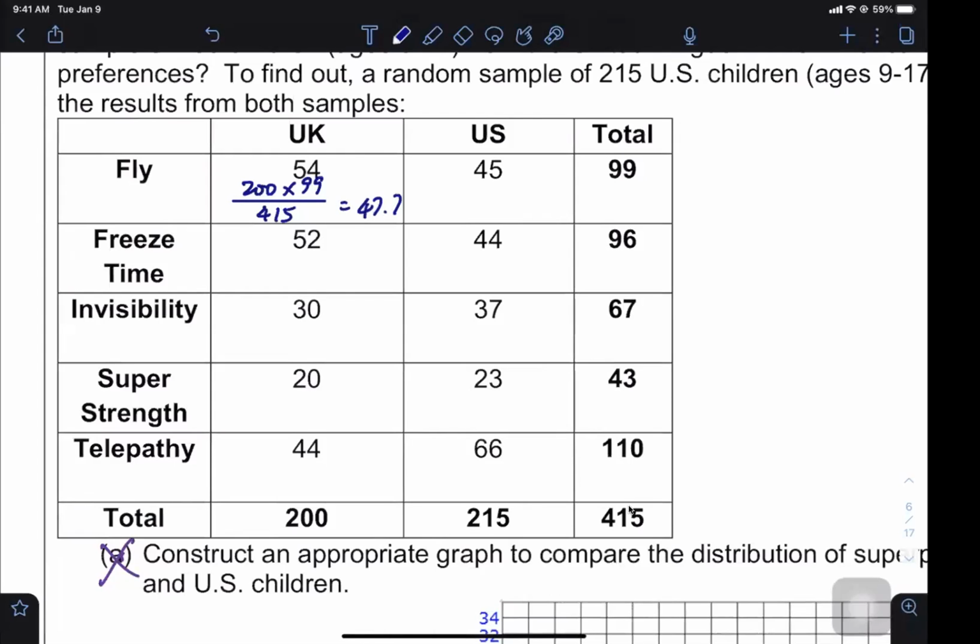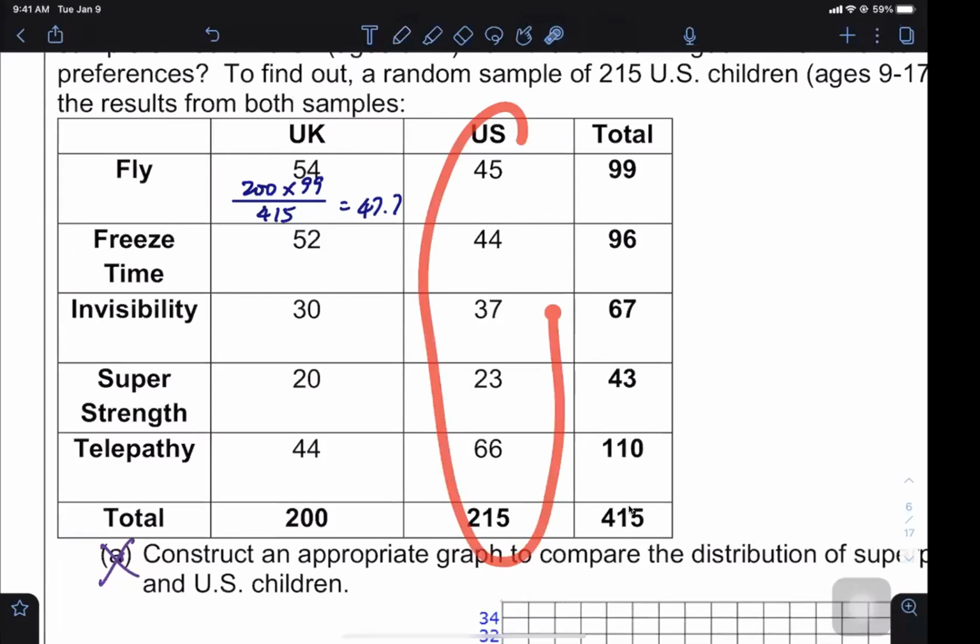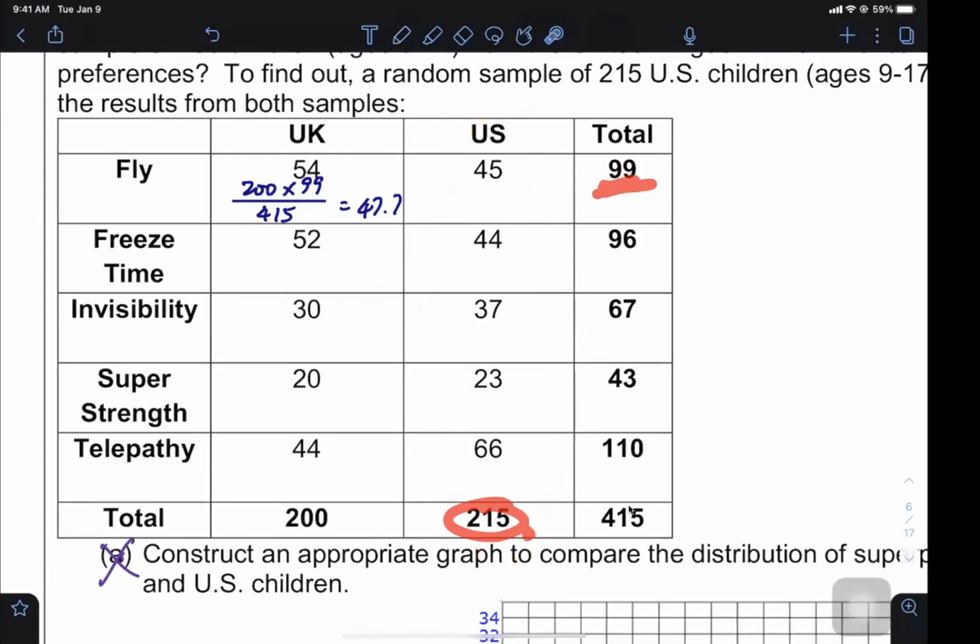And then for the next one, it's going to be the column total, which is 215, times the row total, 99, over the total.